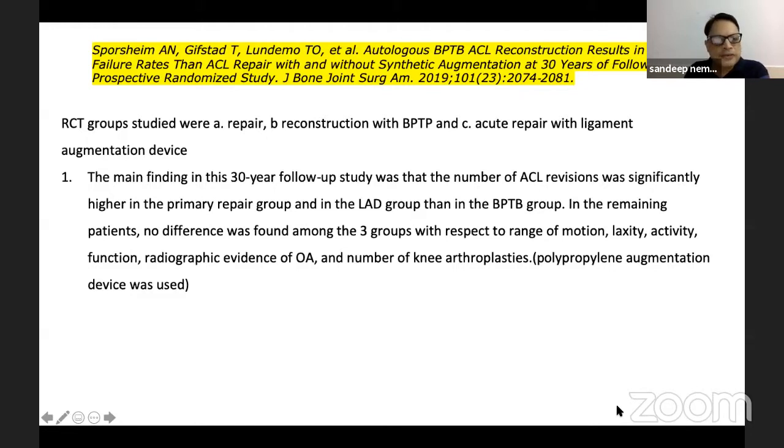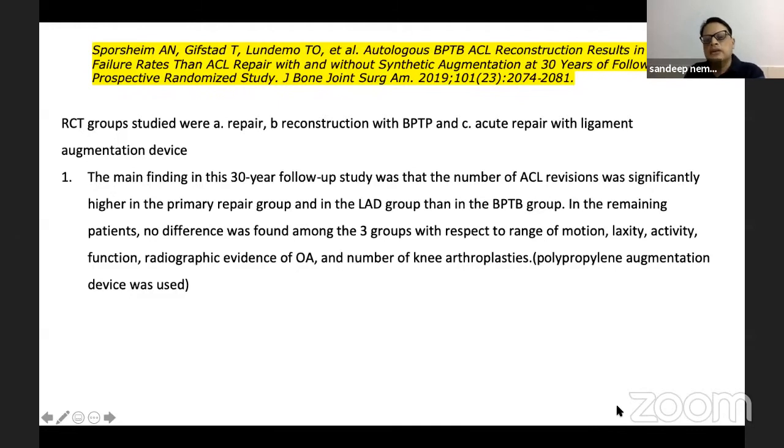The RCT groups studied were repair, reconstruction with bone patellar tendon bone, and acute repair with ligament augmentation device. The main finding of this 30-year follow-up study was that the number of ACL revisions was significantly higher in the primary repair group and in the ligament augmentation device group than in the bone patellar tendon bone group.